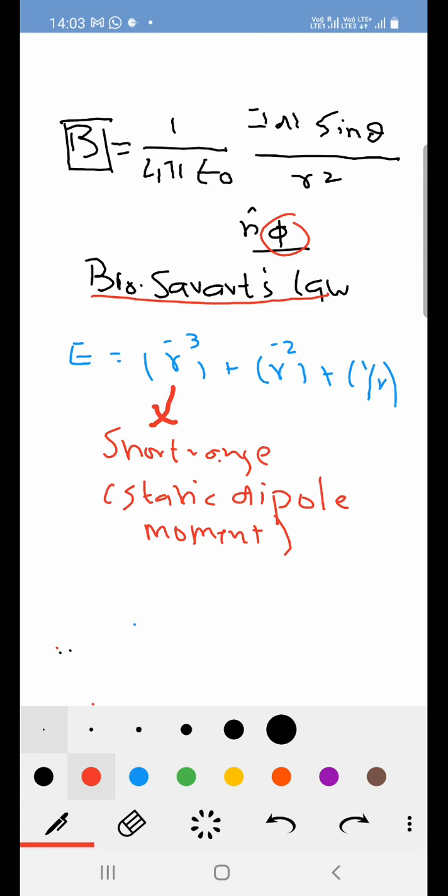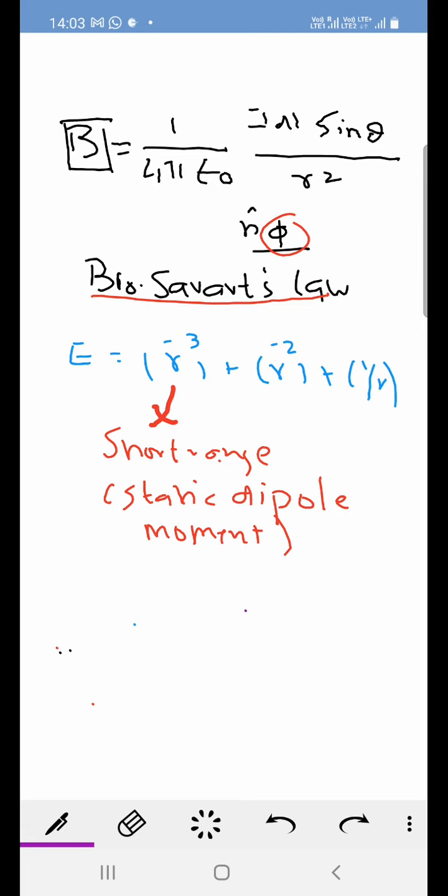The 1 by r square field is, as previously said, the inductive or conductive or Coulombic type field, and depends upon the steady current due to charge oscillations.